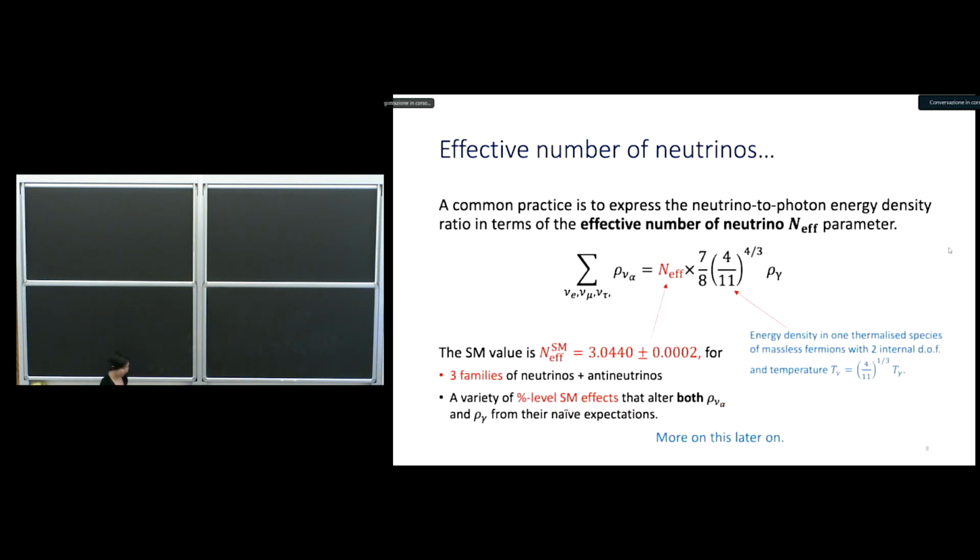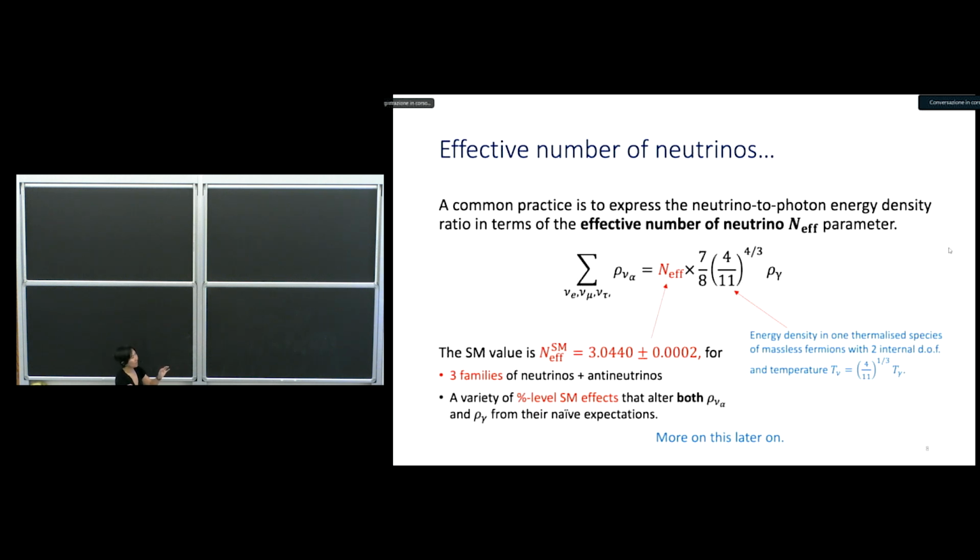Now, that's a prediction, but there's a common thing that people do in cosmology, and that is we like to parameterize this neutrino to photon energy density ratio in terms of a parameter called N effective. It's called the effective number of neutrinos. Essentially, instead of putting in 3, you just call that N effective.